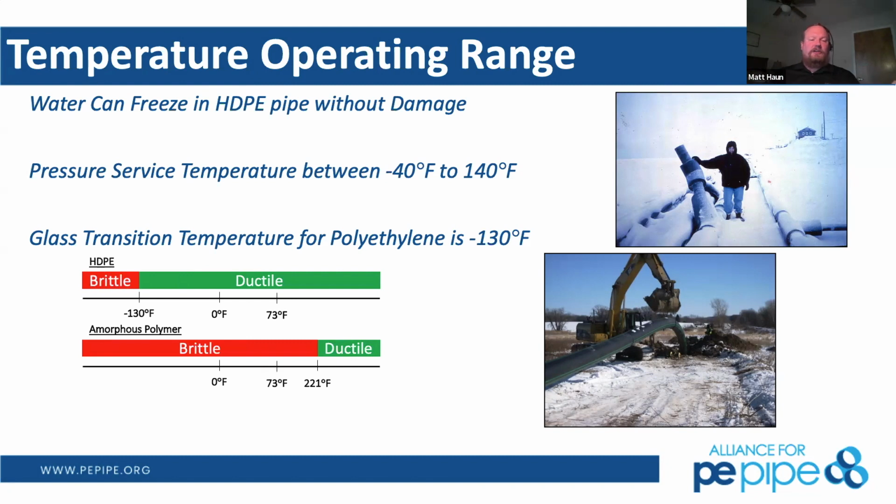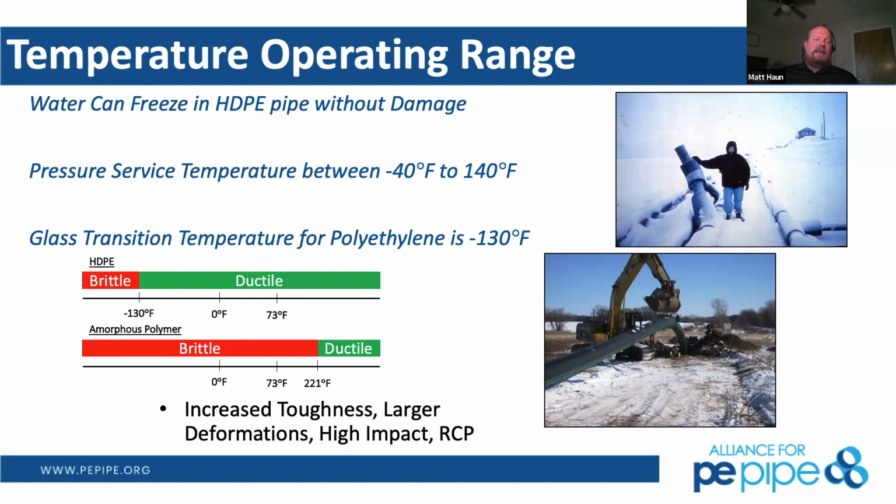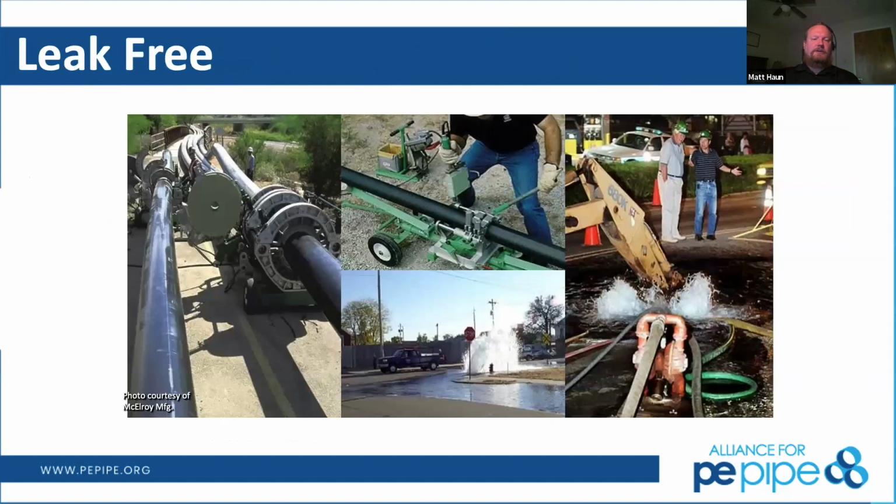Every time you go below zero all the way out to -130, we're not even getting into that glass phase of polyethylene. So we're still concerned about impact damage, but when we're talking about water freezing, it's not generally encompassing impact to cause any detriment to the polyethylene itself.